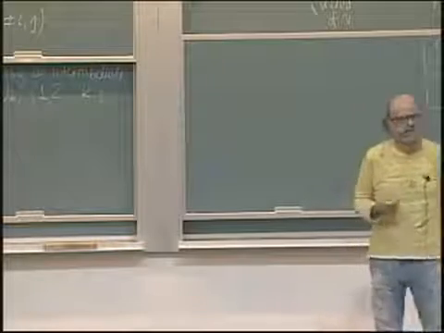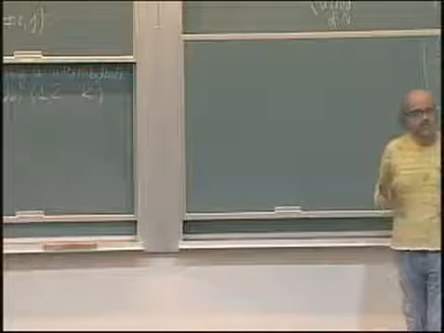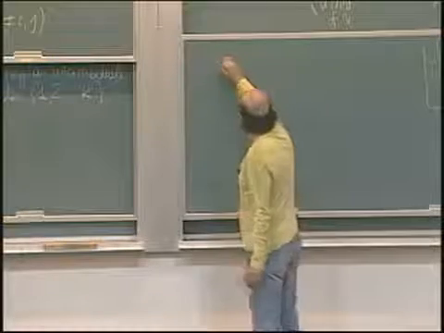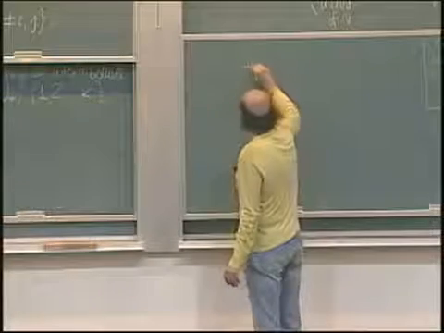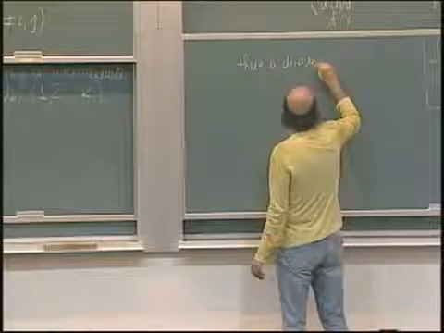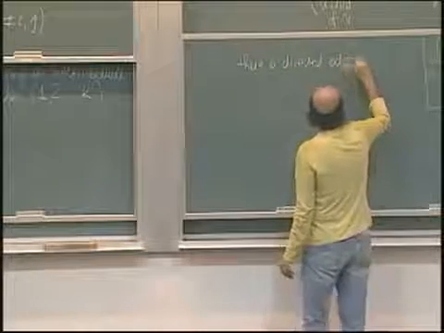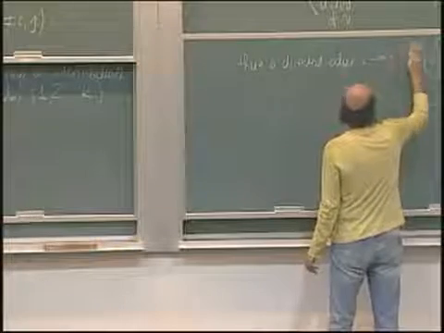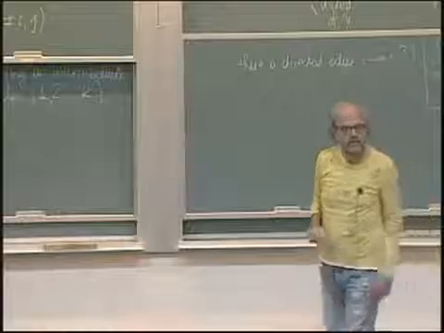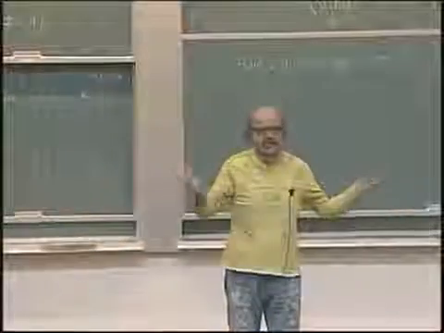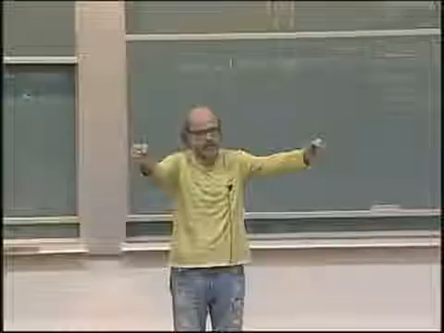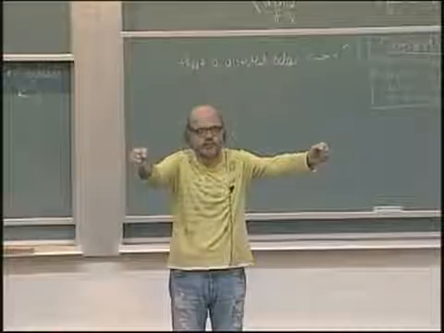It's sort of a data structure that tells you, is there a directed edge from i to j? You are given a directed graph, and all you want to know is, is there a directed edge from i to j? Why might you want to know that?